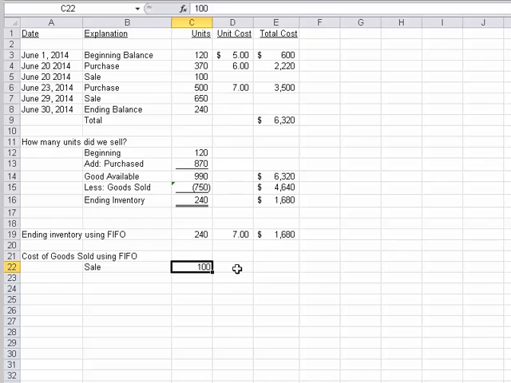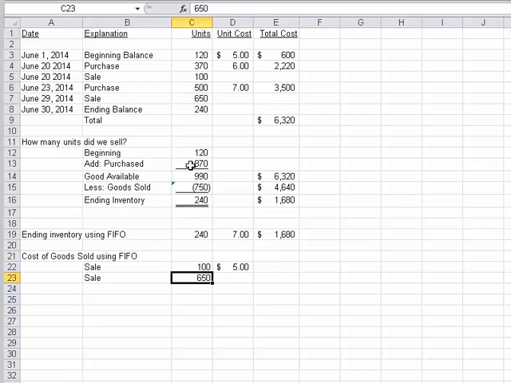We had 120 at $5, so $5 for those units, the sales cost would have flowed out with that sale. Now, we still have 20 left at that unit cost, so on the next sale, we've got a sale of 650 units, right?